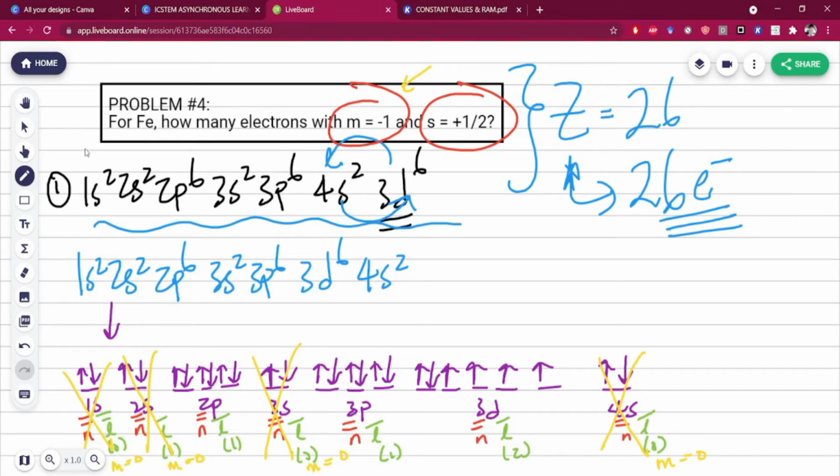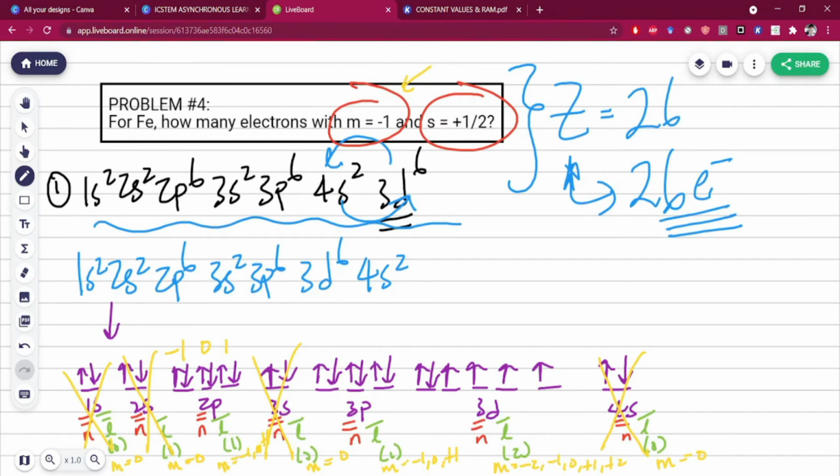And when you look at this one, we do know that the m over here will be negative 1, 0, and plus 1. Same goes to here. You have negative 1, 0, and plus 1. This one will be even longer: negative 2, negative 1, 0, plus 1, plus 2. So you can imagine, like what I have told just now, that this one will be negative 1 subshell.